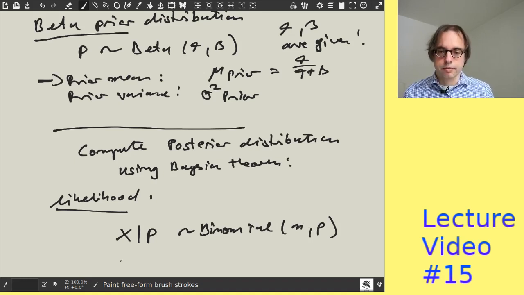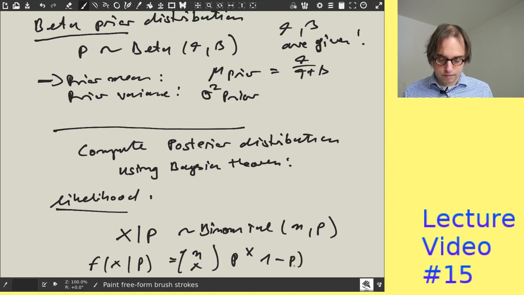So we have f of x given p, which is just the usual binomial distribution, just the same we used before when we used maximum likelihood.